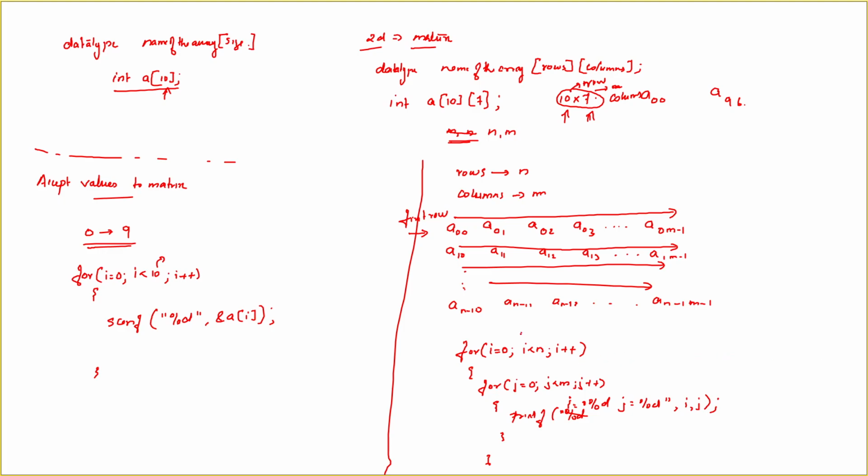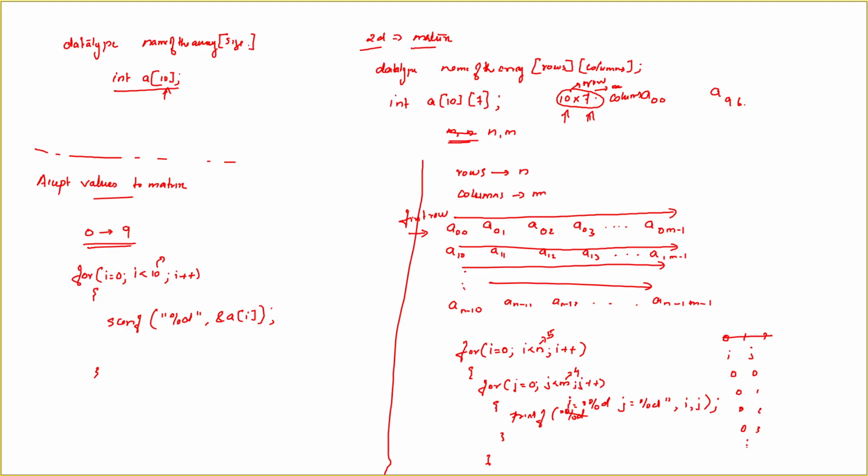Let n be 5 and m be 4. So the values will be 0 0, the value of i equal to 0. The values of i and j I will be writing here. So 0 0 will be there, then 0 1, then 0 2, 0 3.